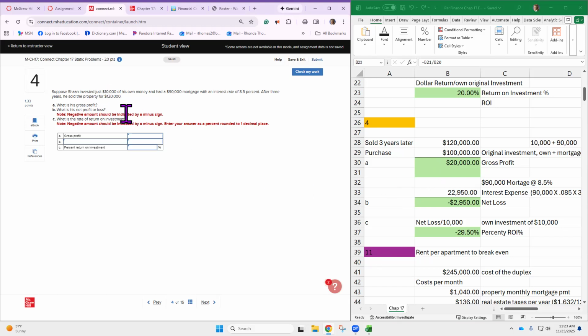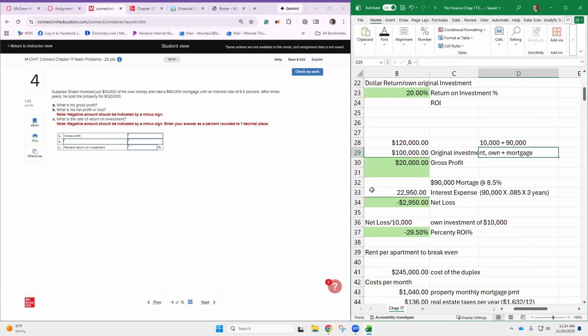If you put $10,000 down on a property and then take out a mortgage that's $90,000, then that is a $100,000 purchase price.